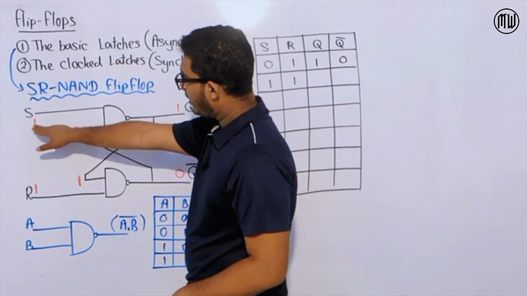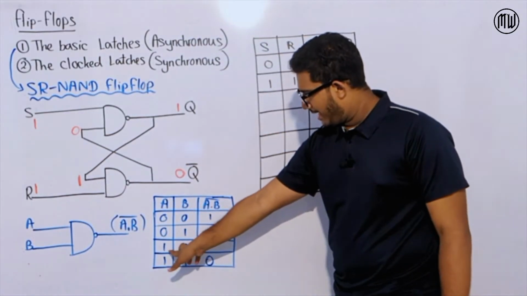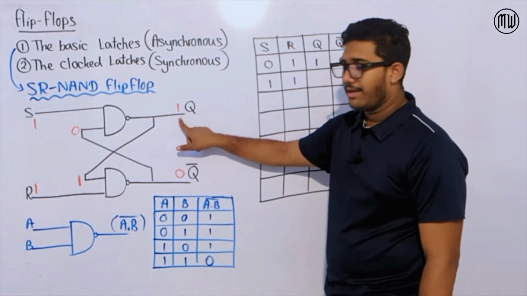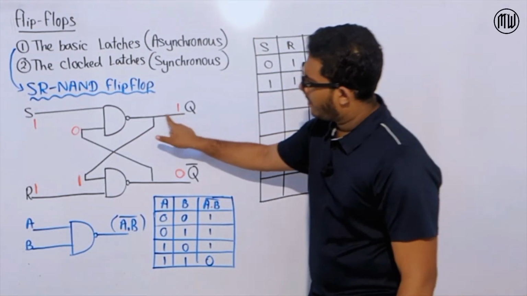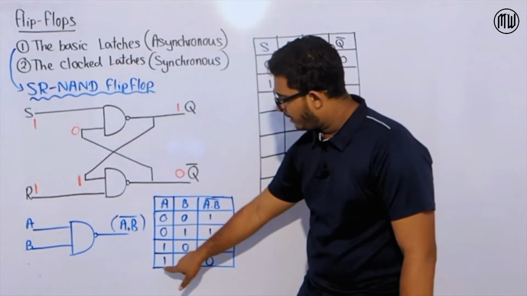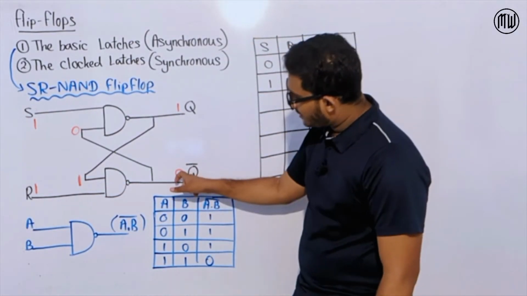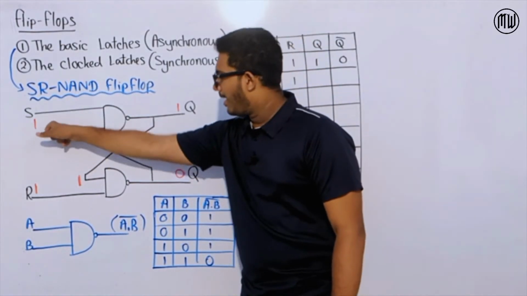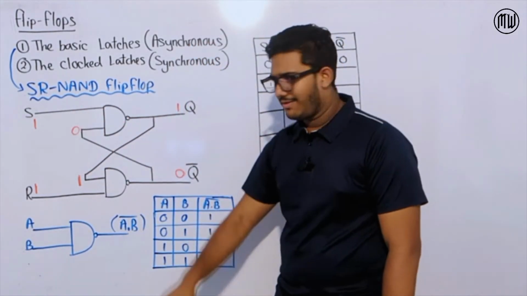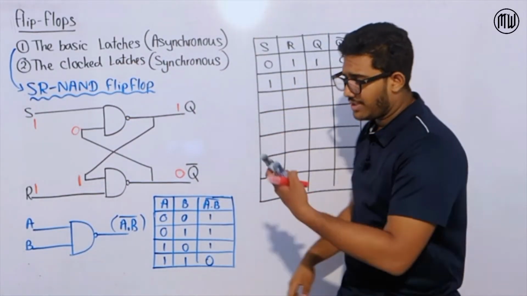So set 1 and 0. 1 and 0 equals 1. That 1 moves down here. Then we have 1 and 1, which is 0. 0 moves up here, 1 and 0, and it's the same thing. It just goes as a loop.